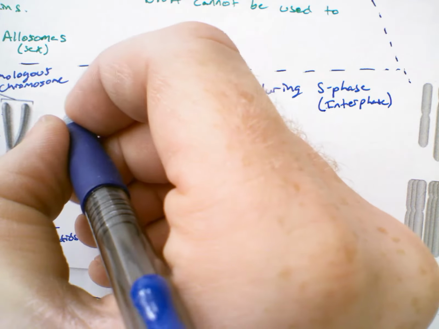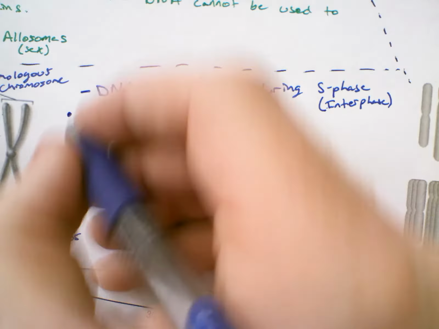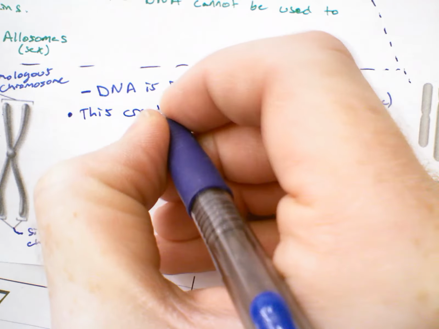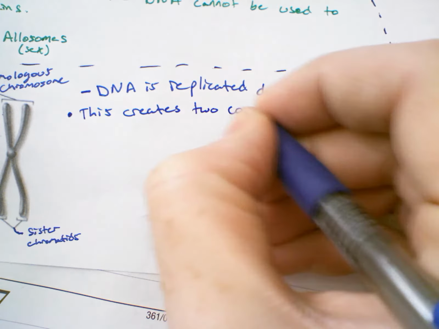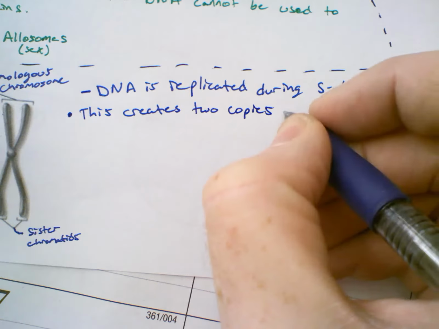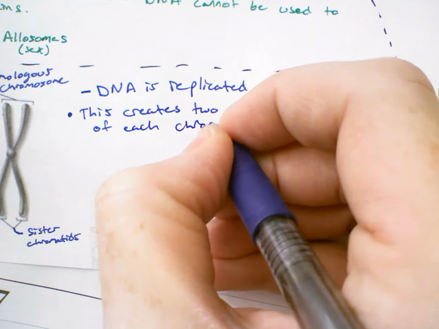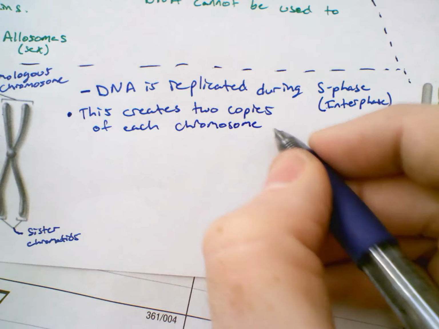And due to that, we have some other conditions. So this creates 2 copies of each chromosome. And those are the sister chromatids.